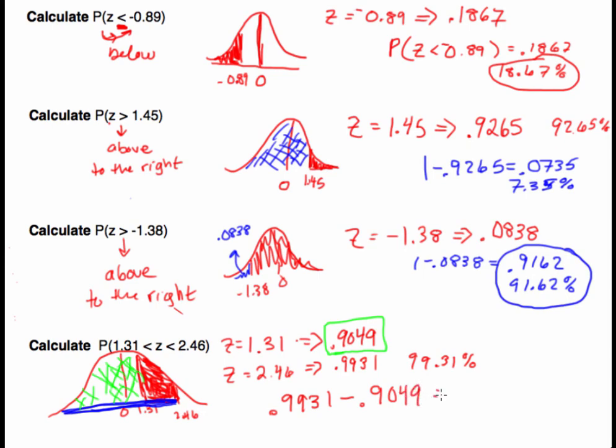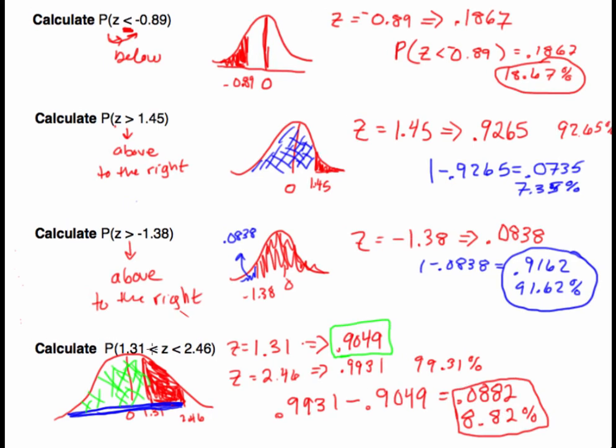When you subtract those, you should get 0.0882, which as a percentage is 8.82%. The area in between these two z-scores accounts for 8.82% of the values, which is also the same as saying we have a probability of 0.0882 of randomly selecting an observation between these two z-scores.